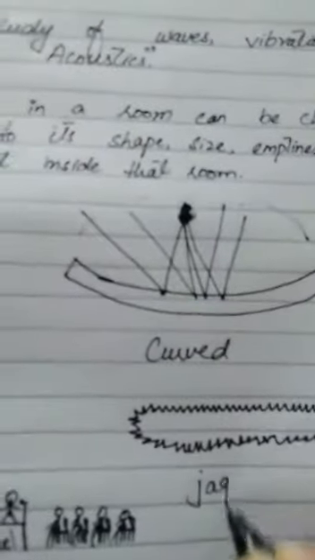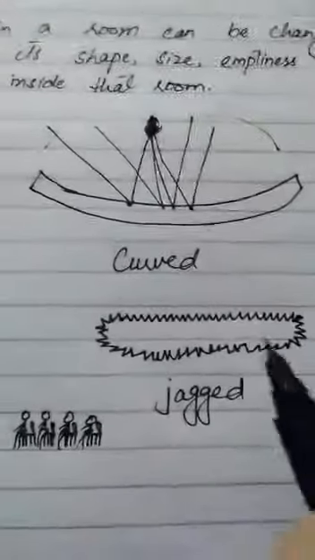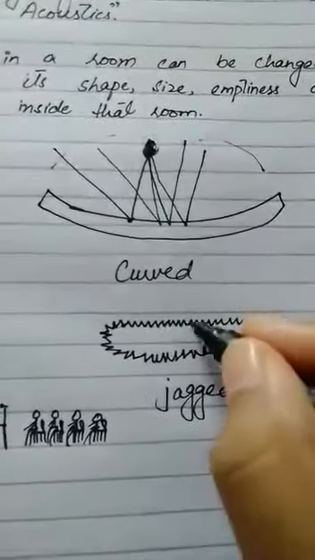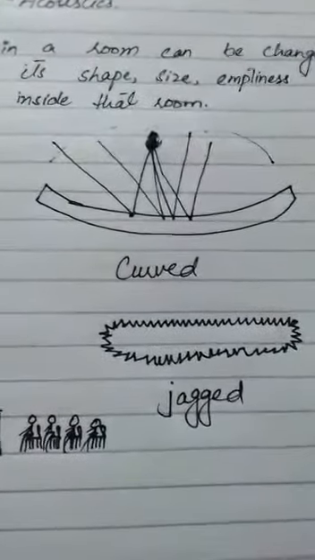And the last one is jagged surfaces. Jagged surfaces are basically pointy and spiky surfaces which absorb most of the sound.